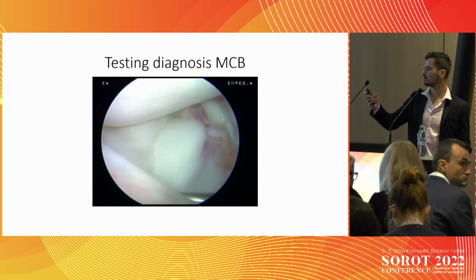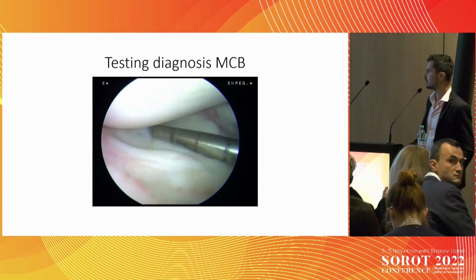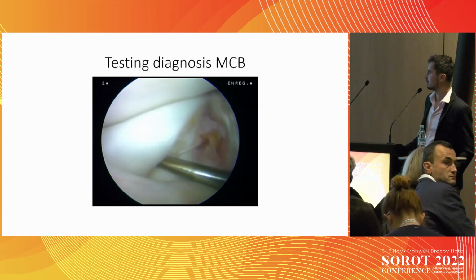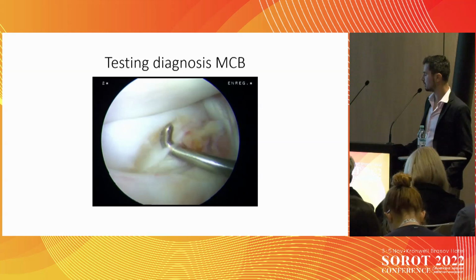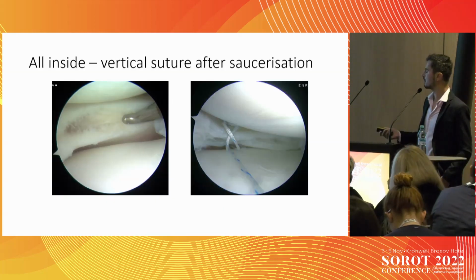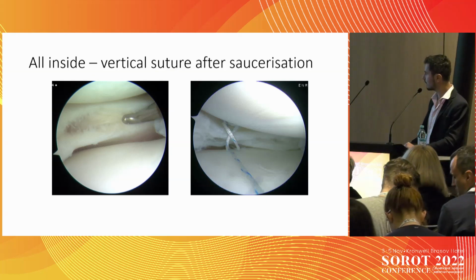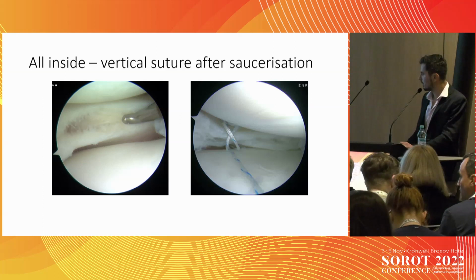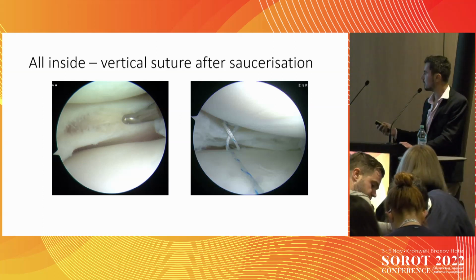And you have the mobility with the vascularization, with blood, and it's okay for suture. Here you have a horizontal tear with a discoid, and you have to do a vertical suture after saucerization, like this.